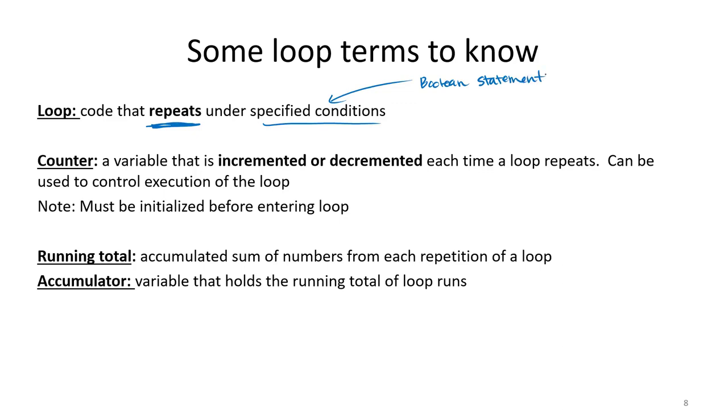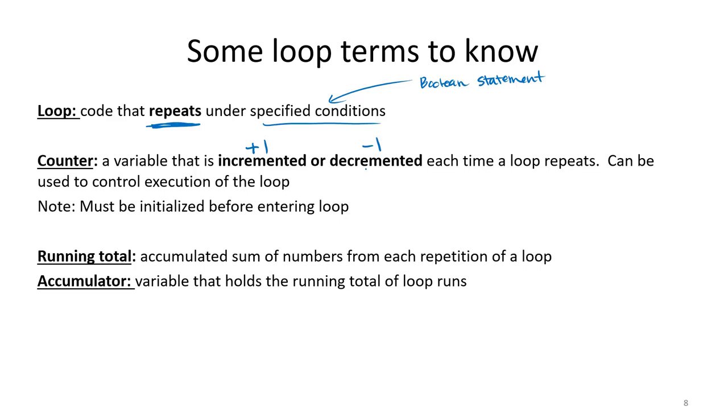Next is a counter. Very often, we want to keep track of how many times our loop has run. A counter is a variable that we increment. Here we mean adding +1, decrement is -1. So a counter is a variable that we increase or decrease each time a loop repeats.